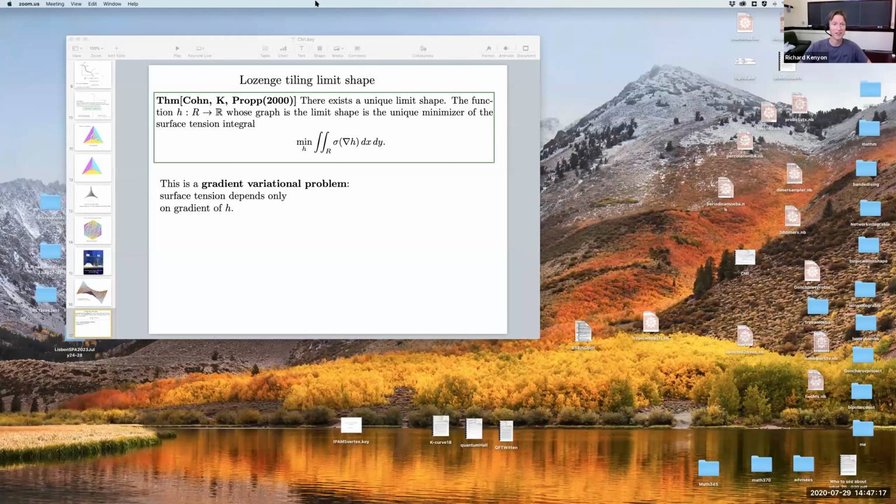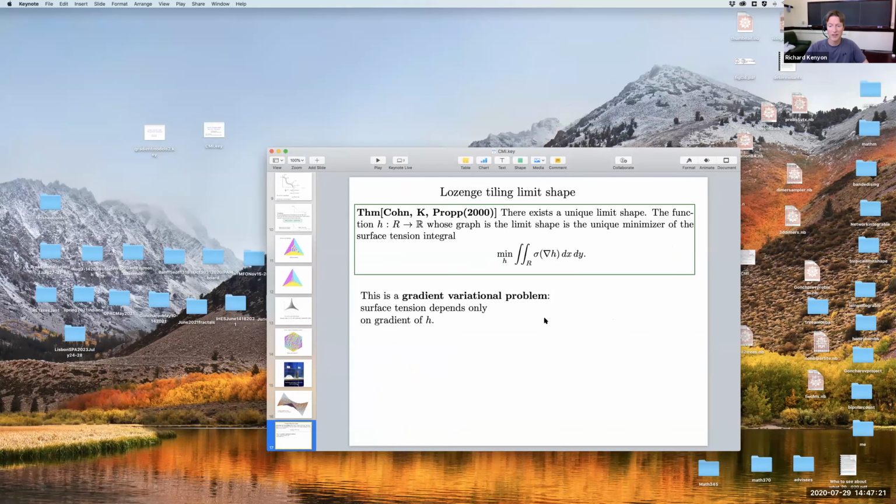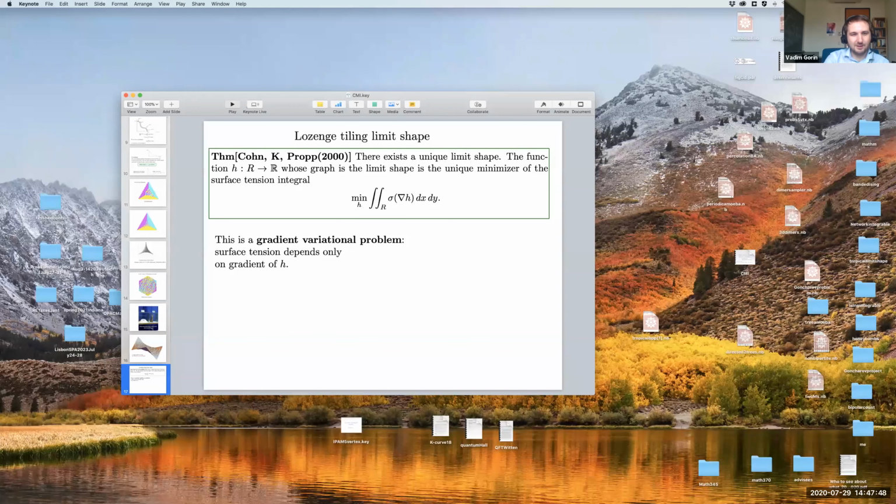Try this. Okay, that's not going to work either. I apologize. Let me just say it in words. Can everybody see that? Your screen is not showing now. Okay, now we can see it.